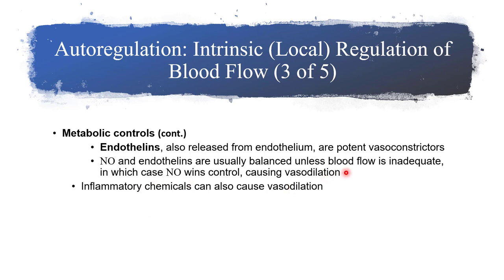In which case, if there is inadequate flow, nitric oxide must win control because nitric oxide is a vasodilator. So the endothelial cells will produce more nitric oxide and less endothelins. But in the event that it is not necessary to either dilate or constrict a blood vessel, they should be balanced, because endothelin is a vasoconstrictor and nitric oxide is a vasodilator.